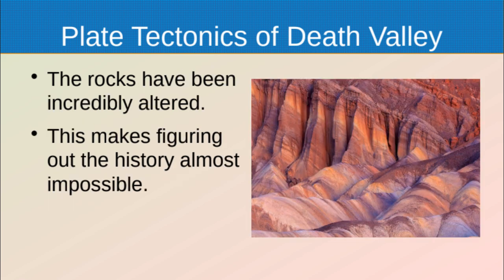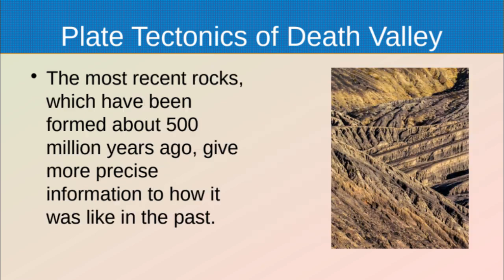The oldest rocks in Death Valley formed at least 1.7 billion years ago. However, the rocks alone have been incredibly altered, and figuring out their history is close to impossible. The most recent rocks, which formed about 500 million years ago, give more precise information about how it was in the past.